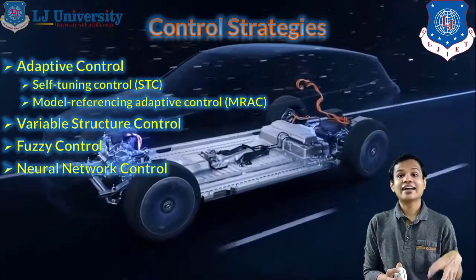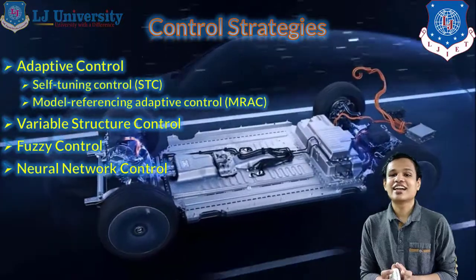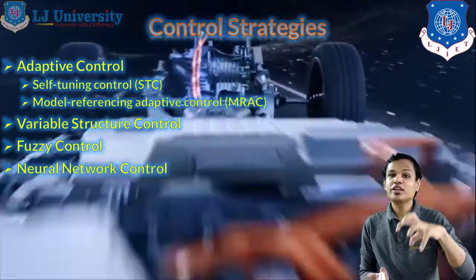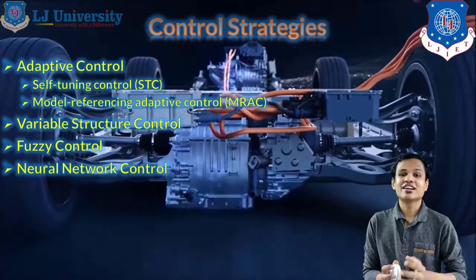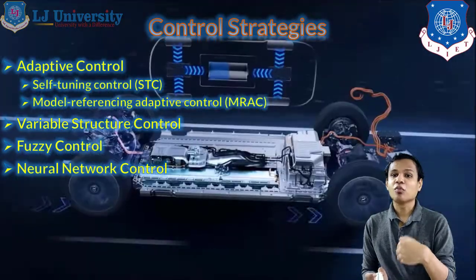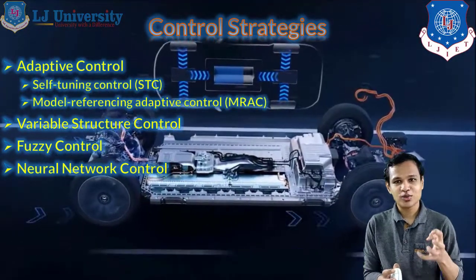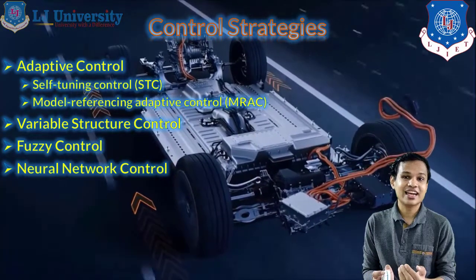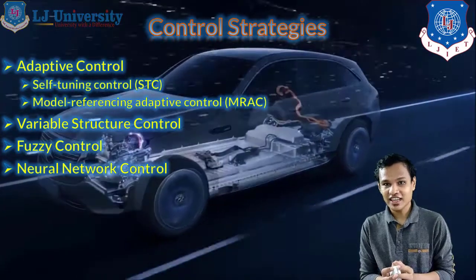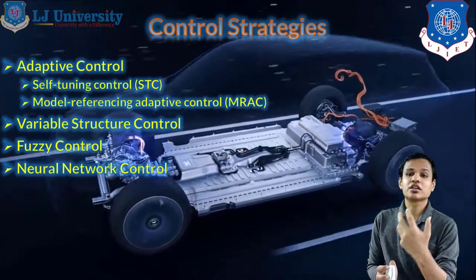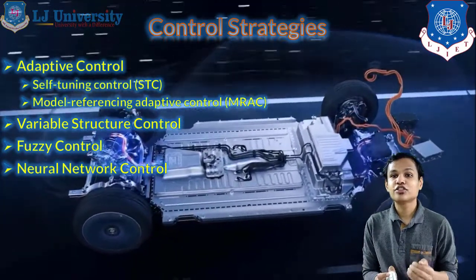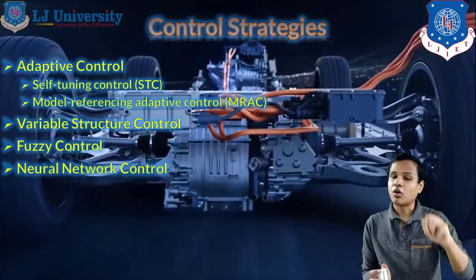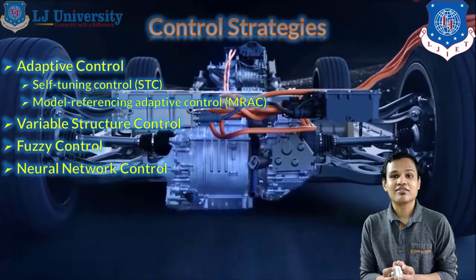Next are the control strategies that need to be programmed inside our vehicle. We have almost seen all those control strategies in the chapter about the CAN, that is the controller area network, in which we saw the control strategies that need to be followed for controlling the components inside the electric vehicle.